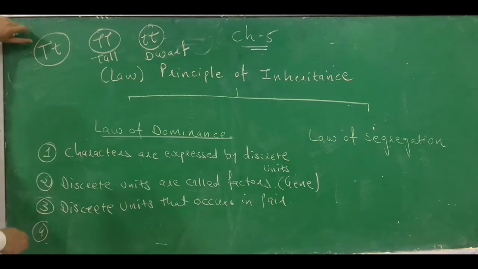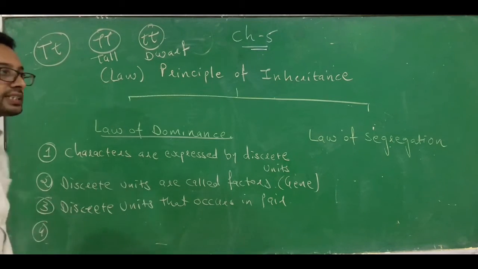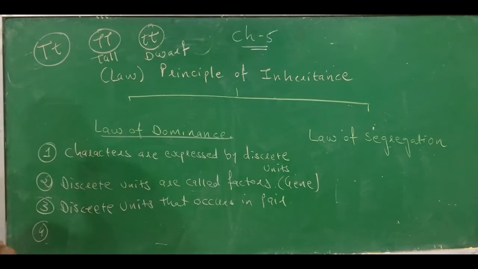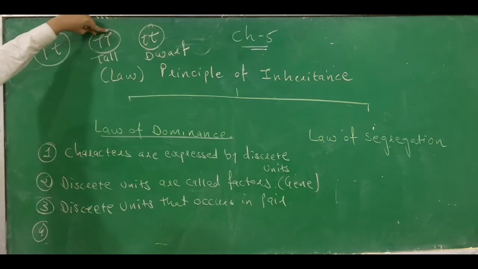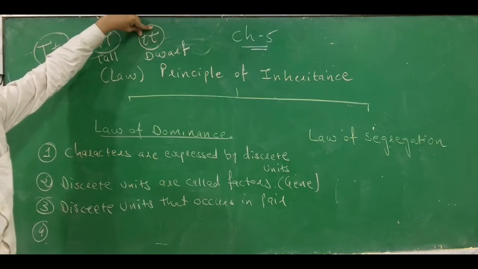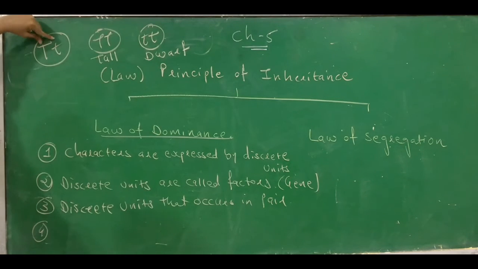But see here, capital T, small t: one letter is representing tallness, another letter is representing dwarfness. So what happens in this case? What are the characteristics of such a plant? This is similar, homozygous. This is also similar, homozygous, no problem. But the question arises in the case of dissimilar, the heterozygous.